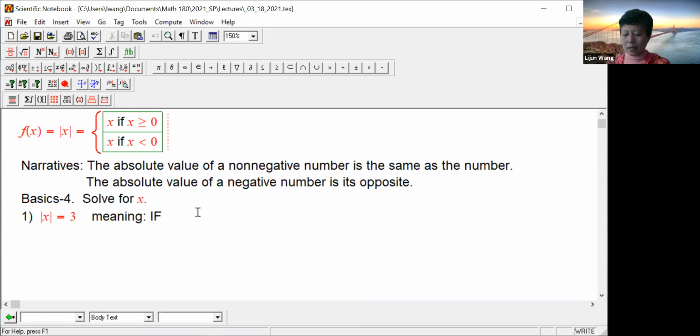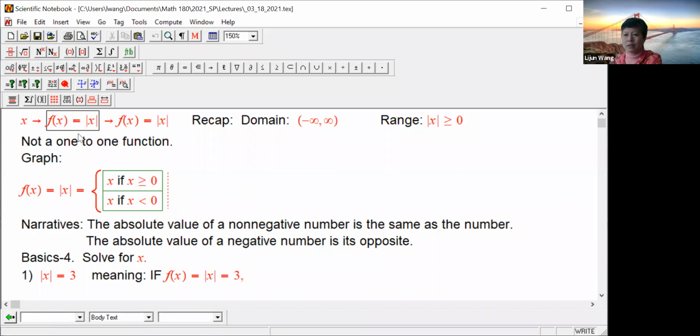What does it say? If this function's output is 3, what does this really mean?